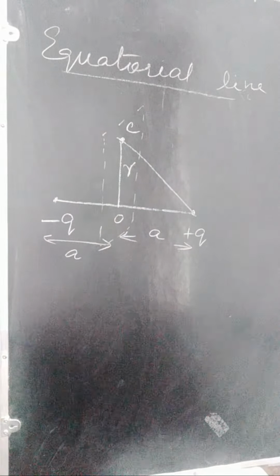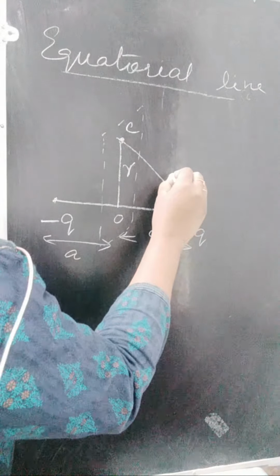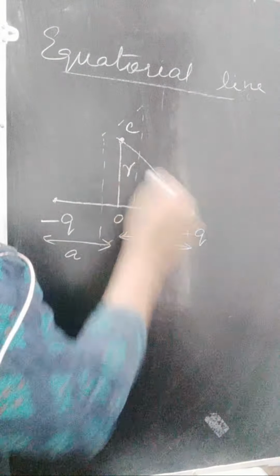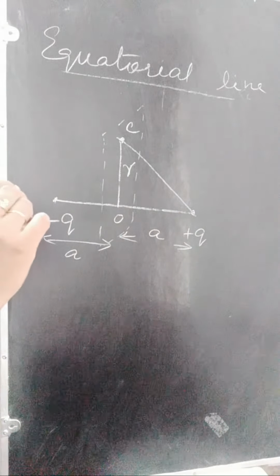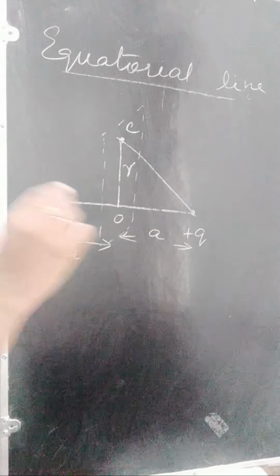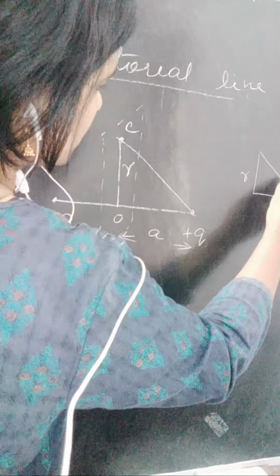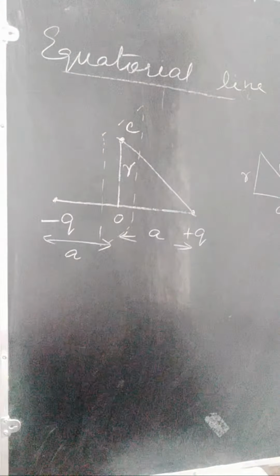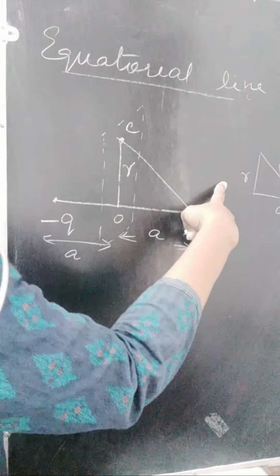According to Pythagoras theorem, if this is R and this is A, this will be the hypotenuse, root of R square plus A square. Remember? C square is equal to A square plus B square.